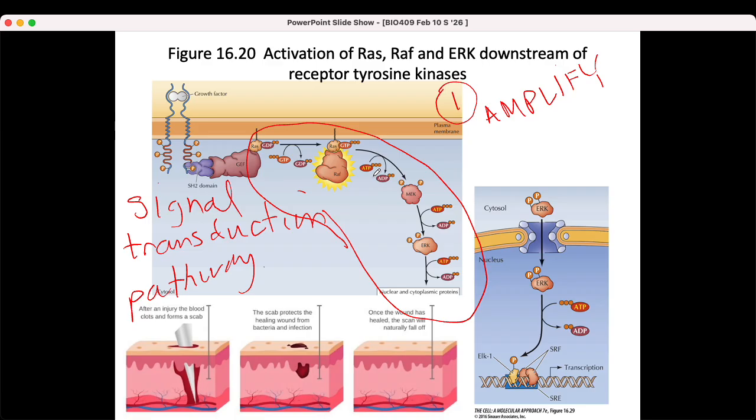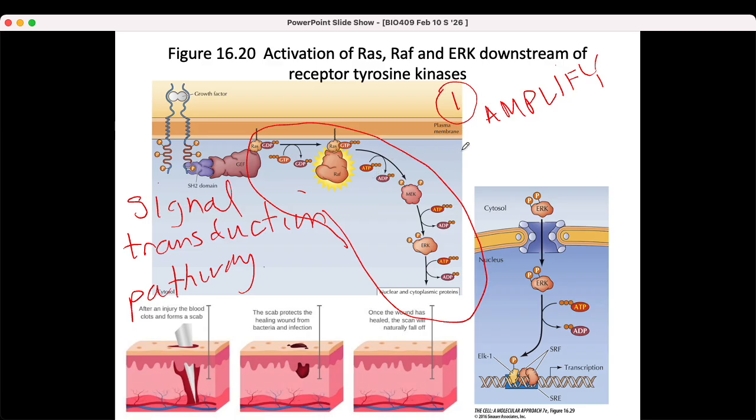And we have to have only a few of these molecules get the thing going, make a cellular response to this. So we really need an amplification. And enzymes are a great way to amplify a signal. You know, because one RAF can activate a bunch of MEK, and then one MEK can activate a bunch of ERK, and one ERK can activate a bunch of ELK. So that's a really good example to always remember. There's an amplification story here.